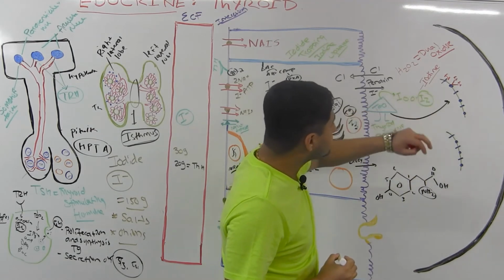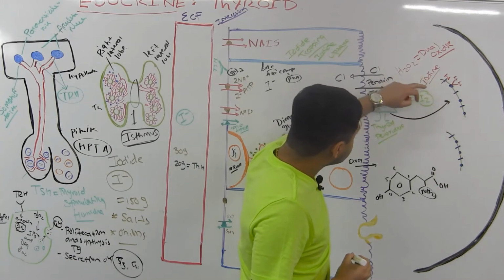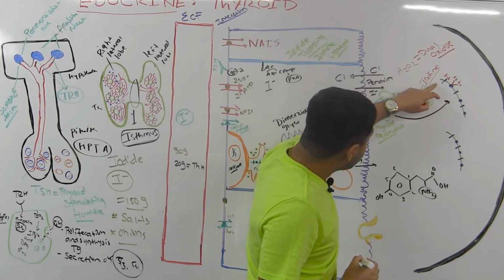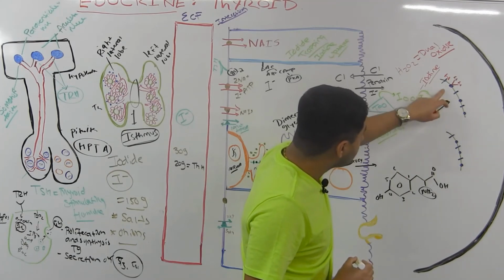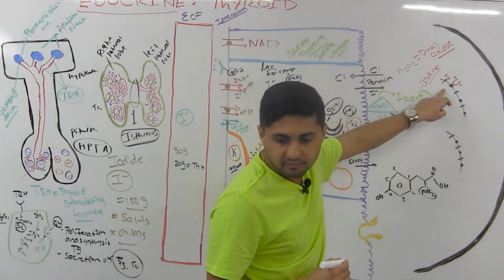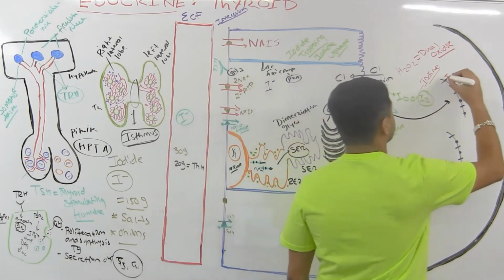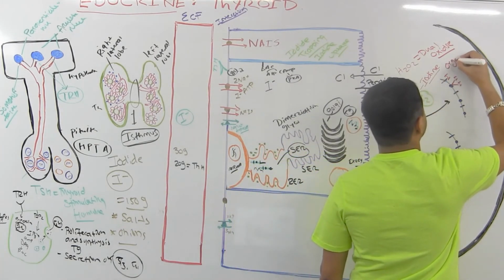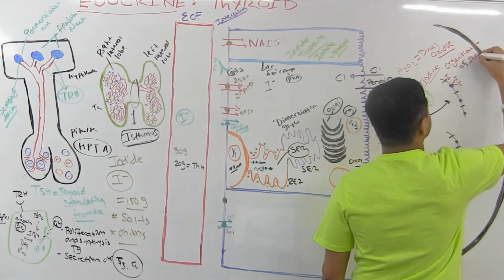So basically, we call this process of adding iodine into these so-called thyroglobulin precursors the organification of iodine.